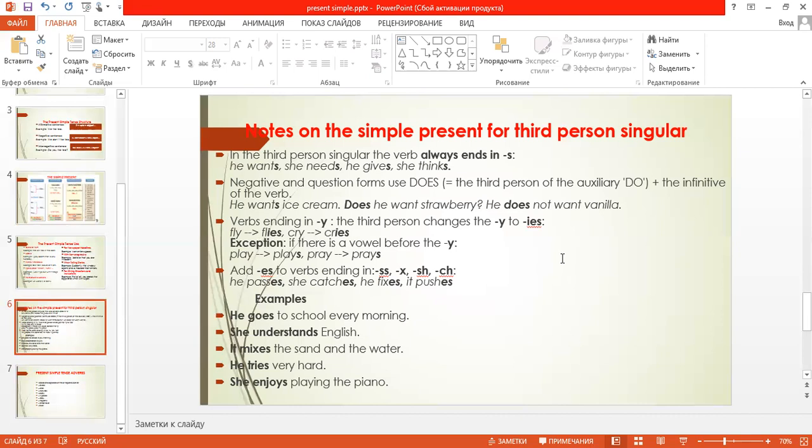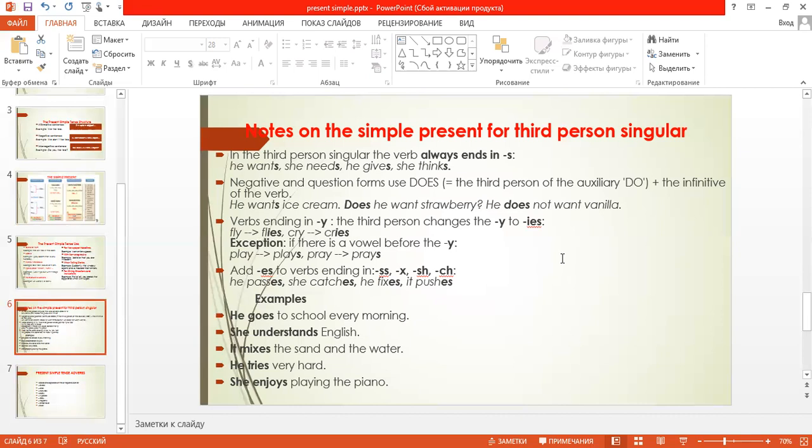Also, there are some verbs that take S with the letter E, such as verbs ending in double S, ending in X, ending in SH and CH. For example, he passes, she catches, he fixes, it pushes.